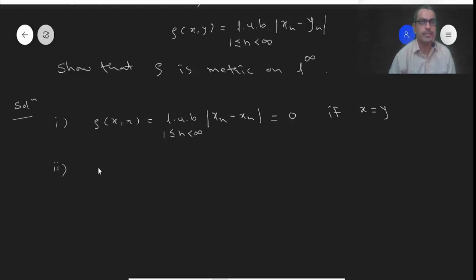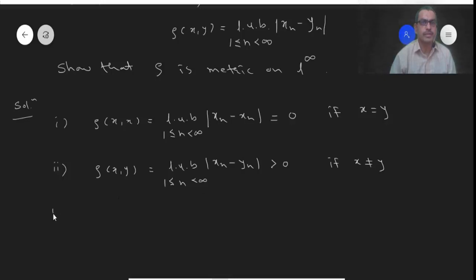Second condition: if x is not equal to y, then rho of xy is equal to the least upper bound of mod xn minus yn, where 1 is less than or equal to n is less than infinity. This value is greater than 0 if x is not equal to y.